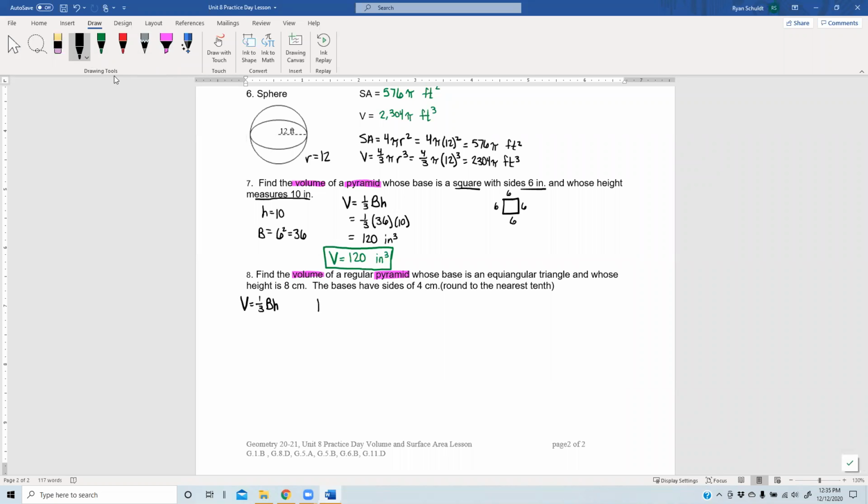So they tell me the height is 8 centimeters. The bases have a side of 4 centimeters. So we have this equiangular triangle. Remember, equiangular also means equilateral. All of these have sides of 4 centimeters.